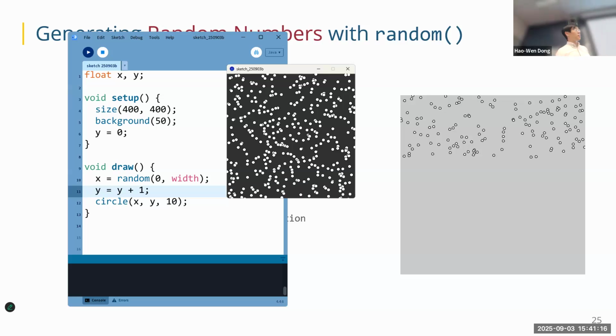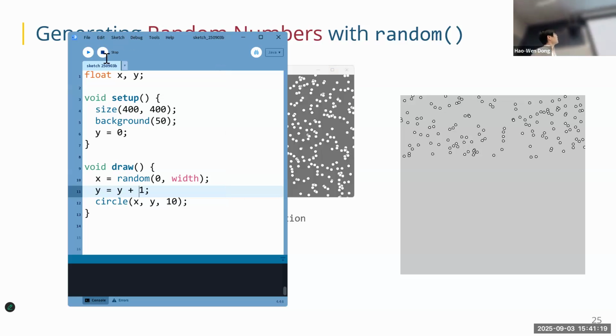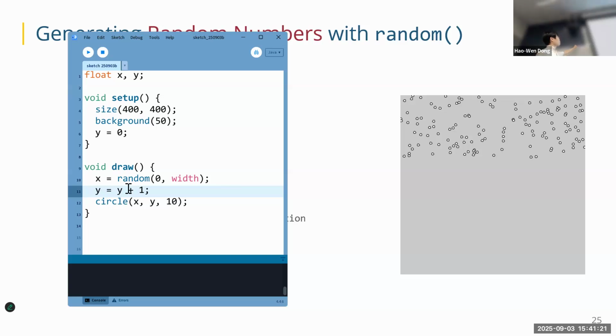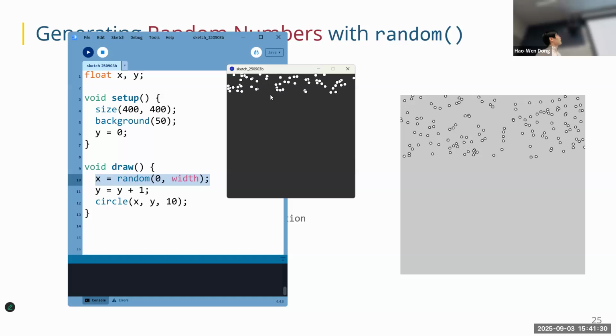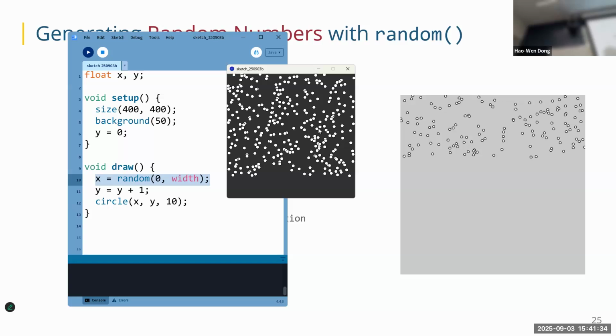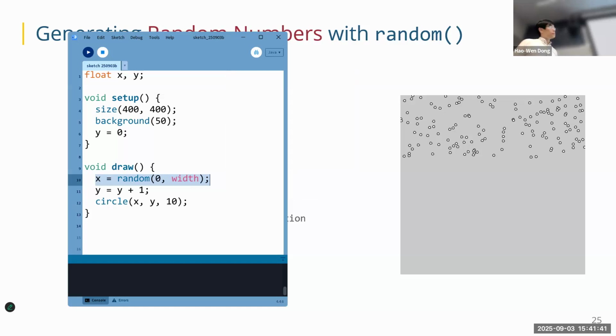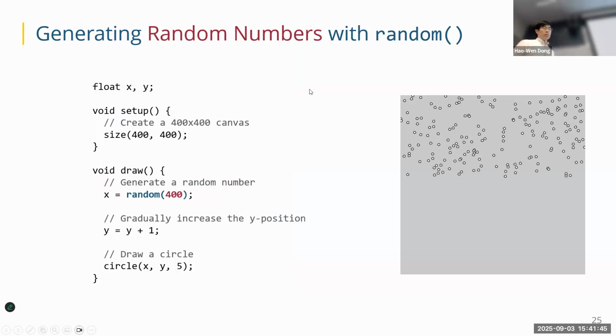So what's going on here is that for every single step, we increase Y by 1, and then we randomly select an X value between 0 and width. That's why you see that every single step you just keep moving downwards, but you randomly choose a number to draw your X position. So that's the simplest thing we can do with a random number generator.